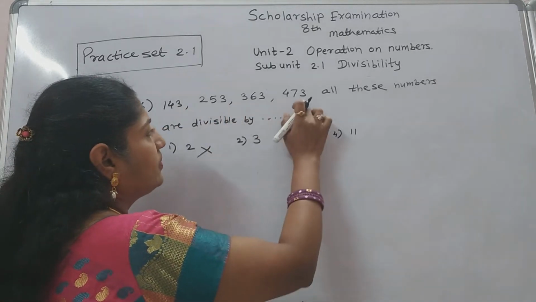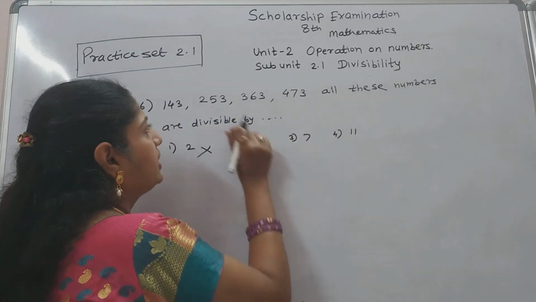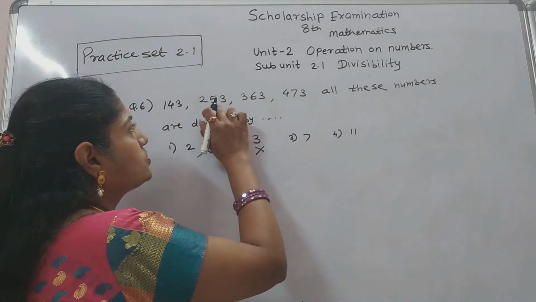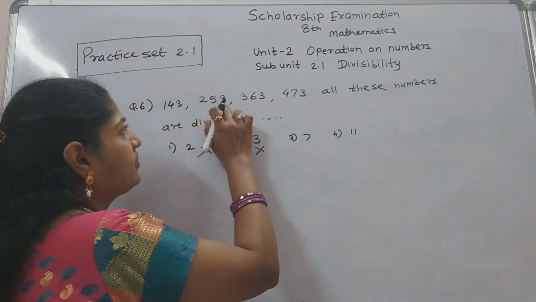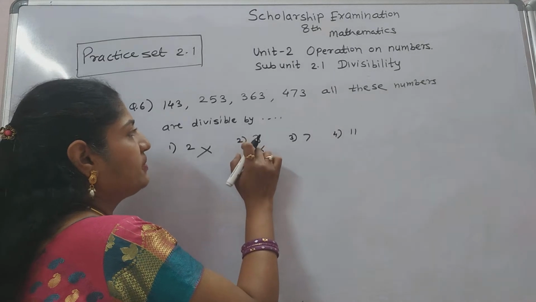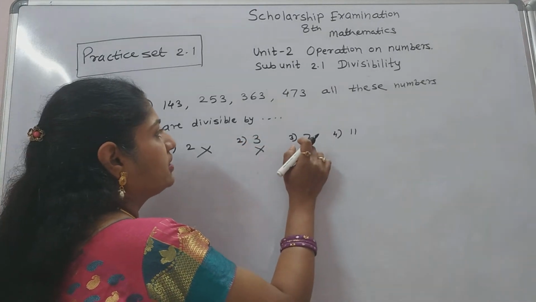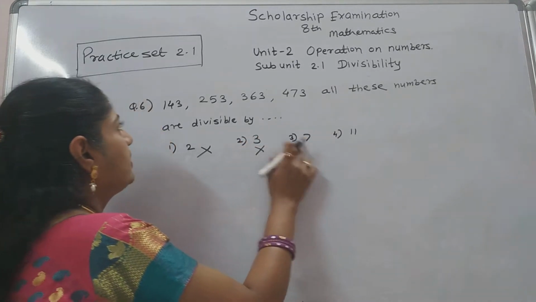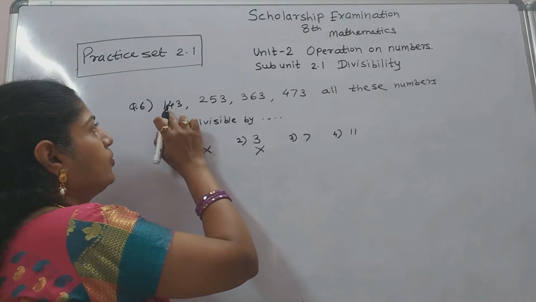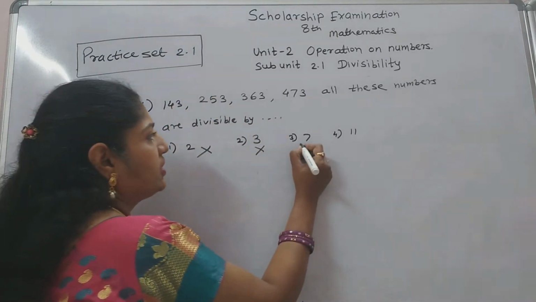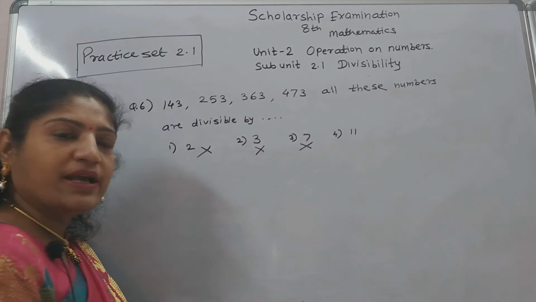So all these numbers are not divisible by 3. 2, 5, 7, 7 plus 3, 10, 10 is not divisible by 3. So we see the next test, 7. 7 2s are 14. Remainder is 3. So it is not divisible by 7.